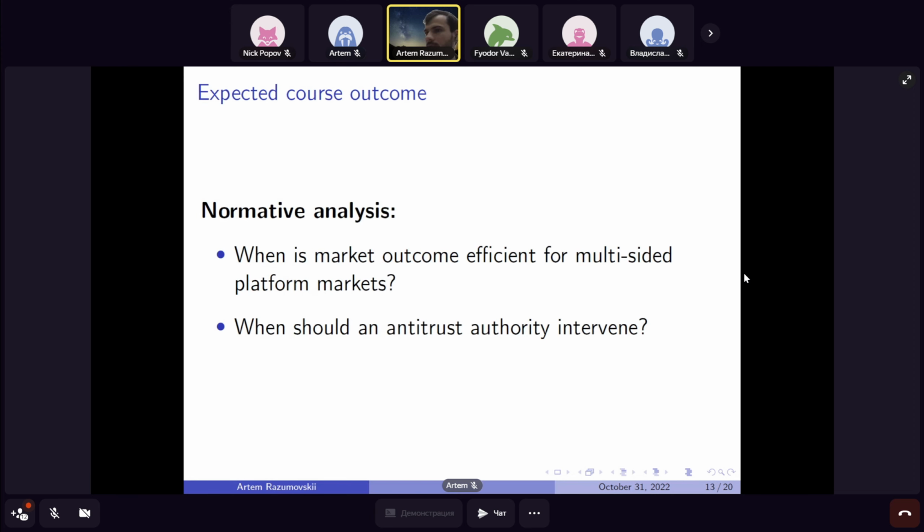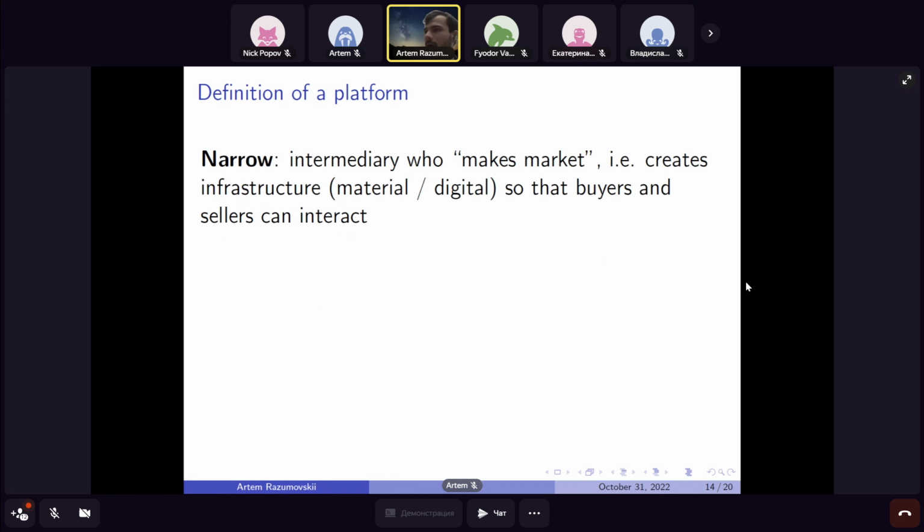So then, I think now we can switch to the definitions of the platform. That's it about what we are supposed to learn from the course. And let's start from the definition of the platform and what we actually will consider in our course.